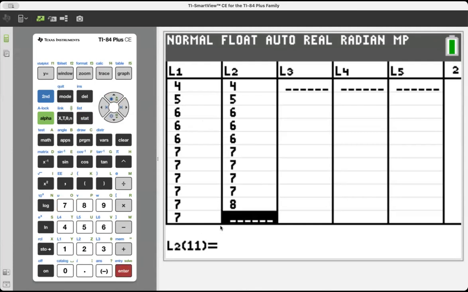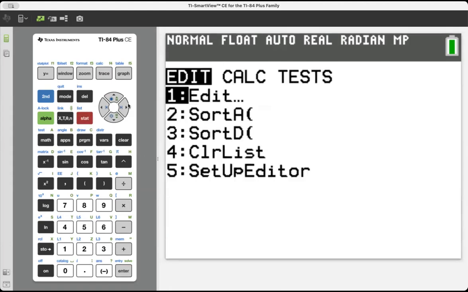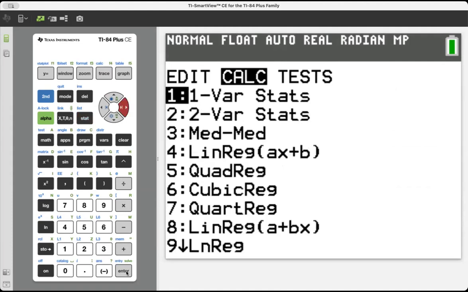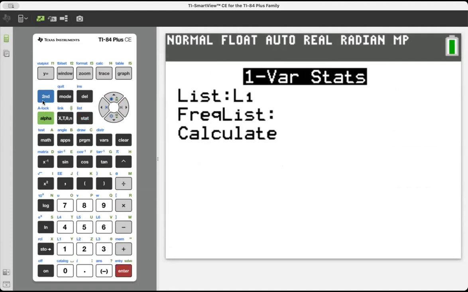And let's calculate the mean and the median for this data set. I can spot that the mode is 7 because I have 7 appearing 4 times, and that's the most of any of these numbers. But the mean and the median, let's run Stat, then Calc, then number 1, specify L2 here.